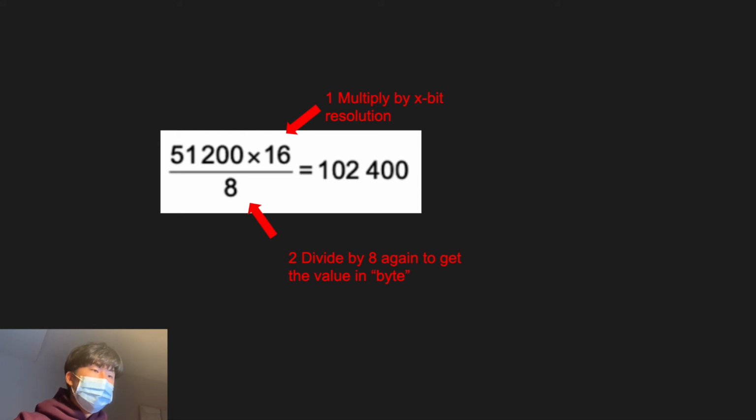And finally, you divide by 1024 for 1 or 2 times, depending on if the question requires you to give an answer in megabytes or kilobytes or gigabytes. I can't be so certain about this step, because I heard that you are not allowed to bring a calculator to the actual exam this year.